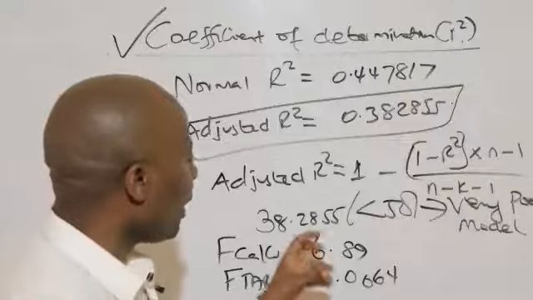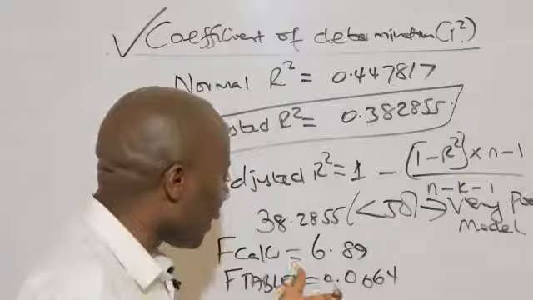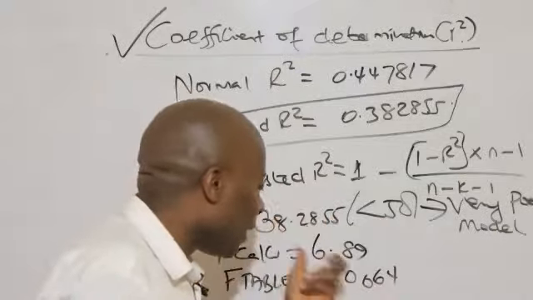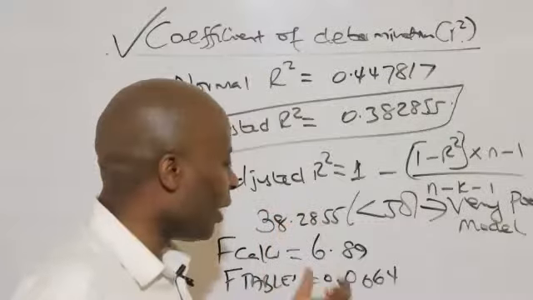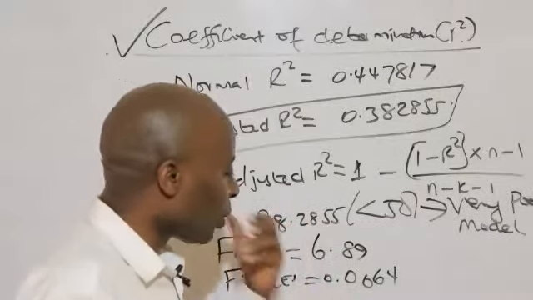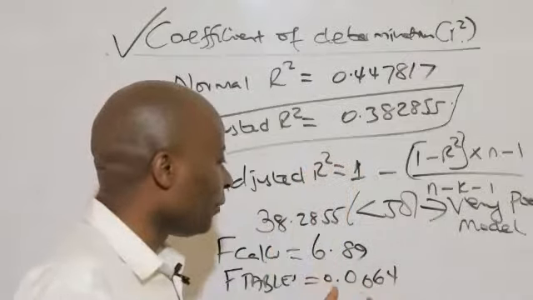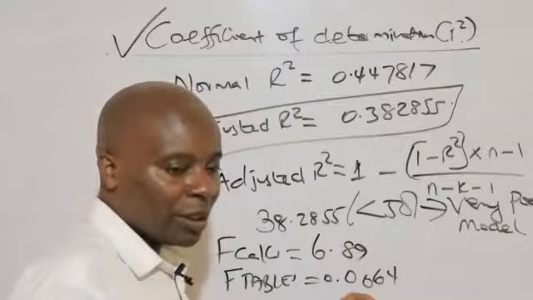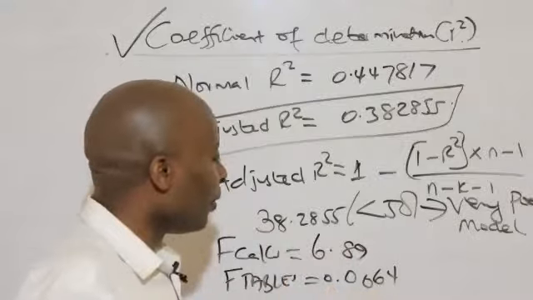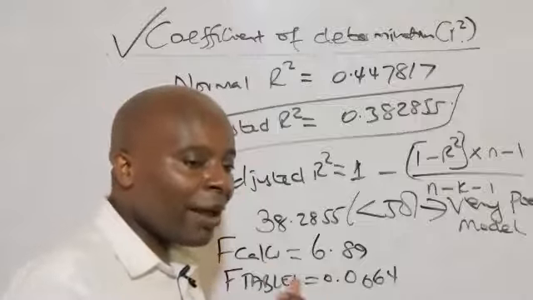This 6.89 is our calculated parameter, which should always be bigger than the F table's value for us to be able to say that this model is significant. So the F of the model is 6.89, which is more than this, meaning that the model is significant. It's like I'm doing a hypothesis.